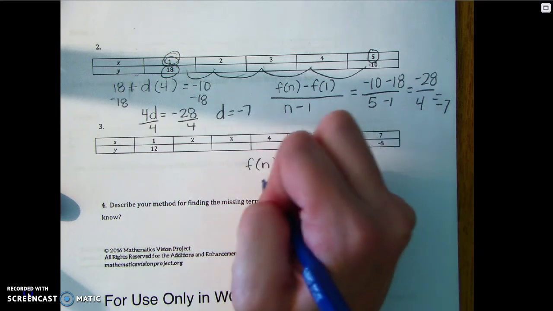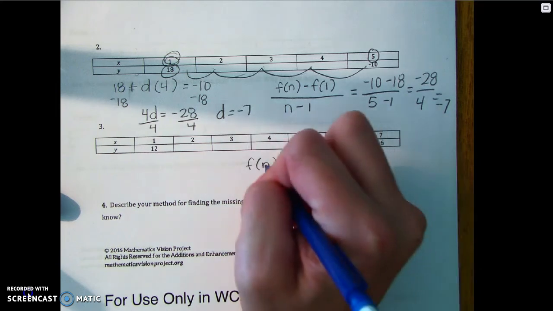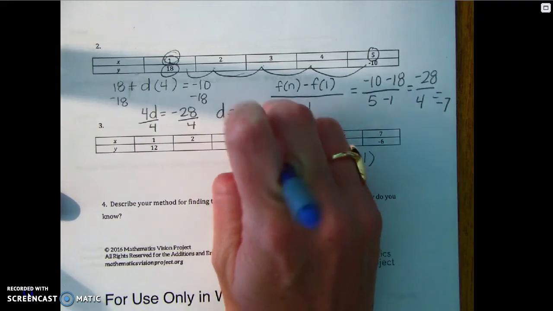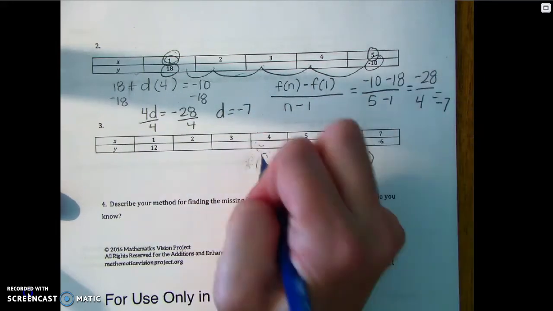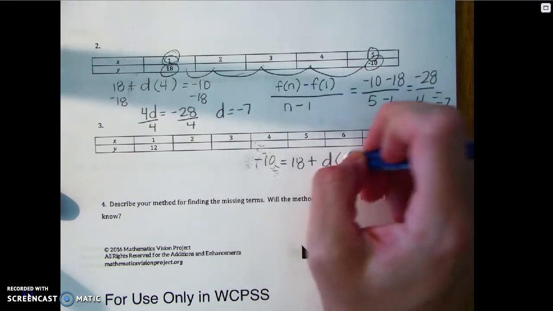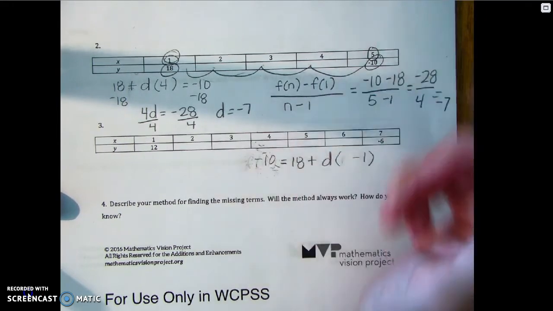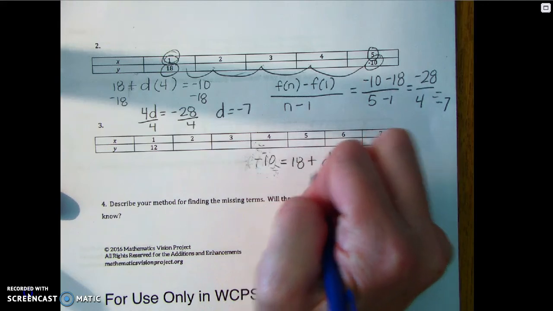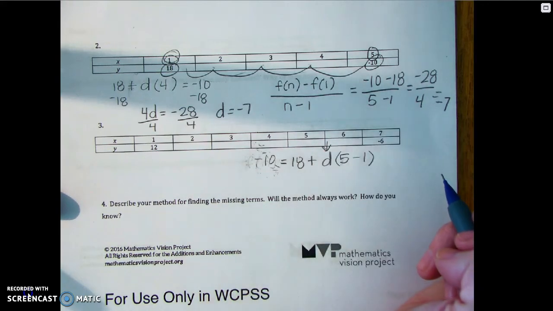I can substitute in because I know what my last y value is. It's negative 10. I can also substitute in n. I know that when y is negative 10, x is 5. Remember, you only want one variable, so you can solve for that variable.